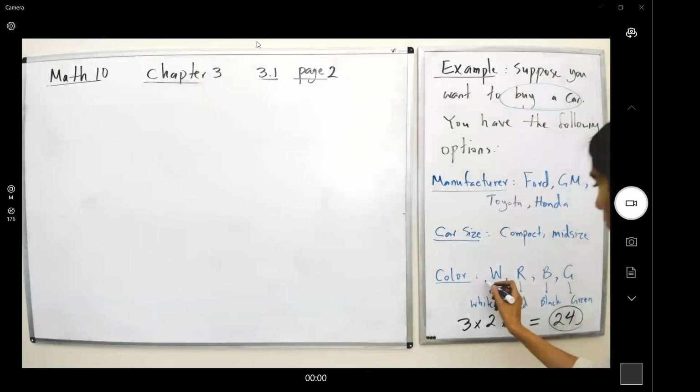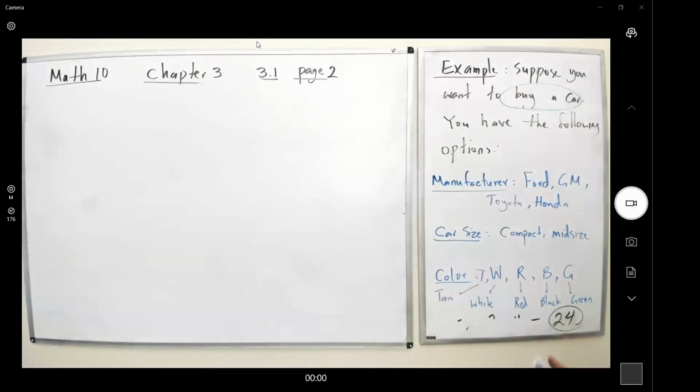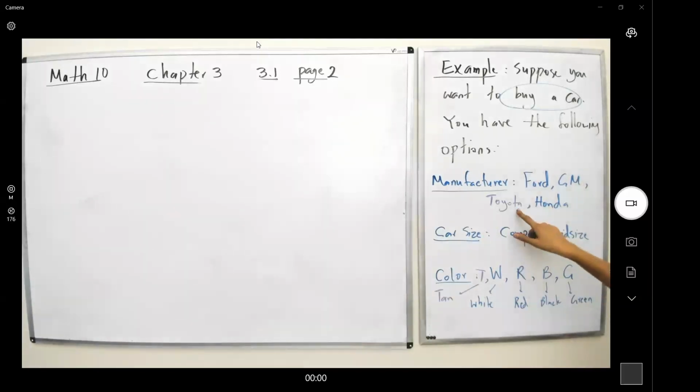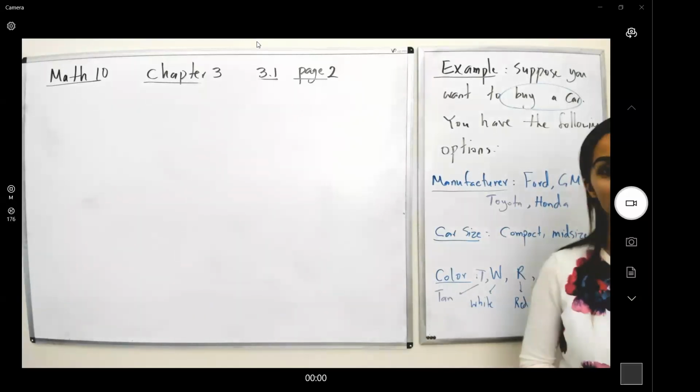And a tan color. How many options do you have now? In how many different ways can you actually purchase a car? Now I'm adding a new brand, Toyota, with a new color, which is tan.